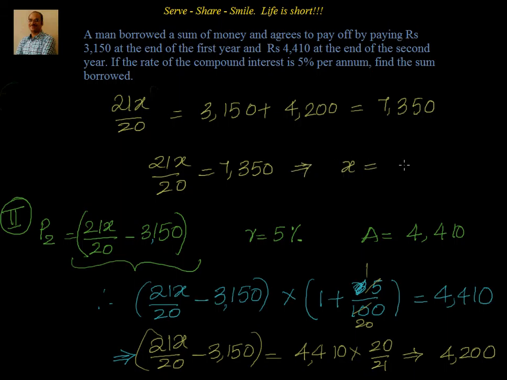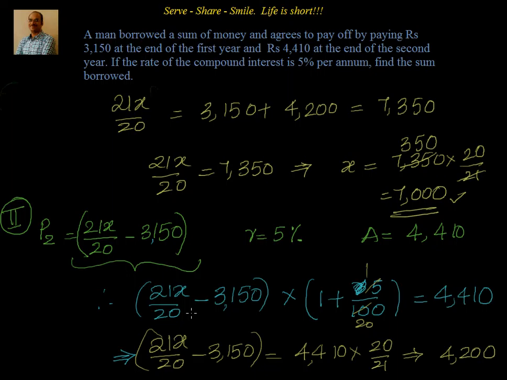So that means x equals 7350 into 20 by 21. You simplify that, and 21 will go 350 times. 350 into 20 is 7000 rupees. So 7000 rupees is the amount the man has borrowed.